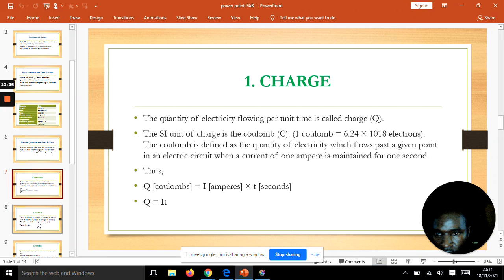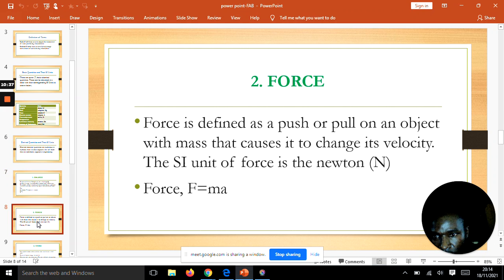Let's look at our second derived quantity, which is force. Force can be defined as a push or a pull on an object with mass that causes it to change its velocity.